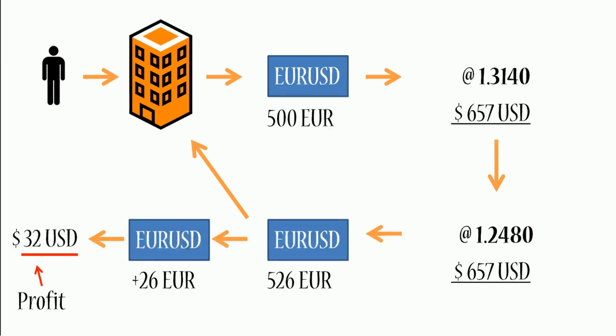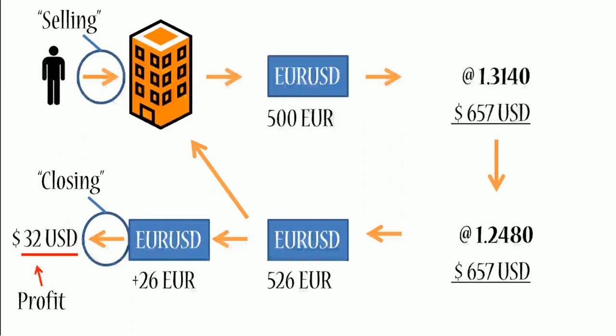Also, as we discussed previously, the first transaction over there is called selling. It's short for short selling, but everybody is so used to just saying selling on the Forex market that they no longer use the combination of words short selling. So we'll just stick to selling from now on. And the last transaction over there is called closing. So as you can see, it's not that complicated.